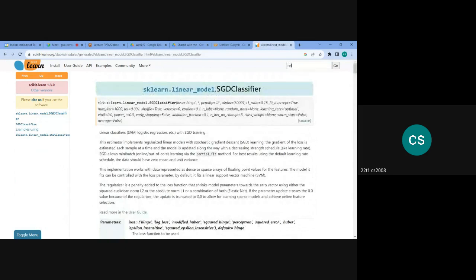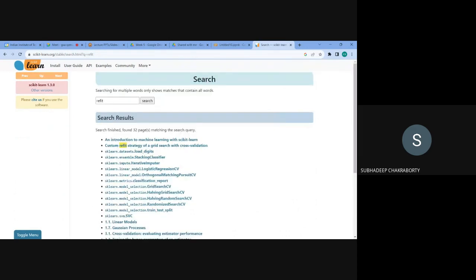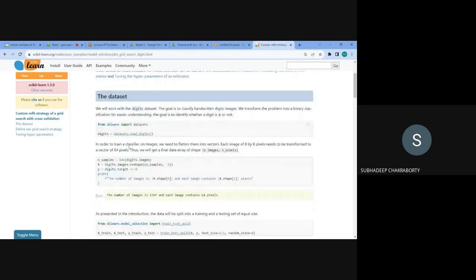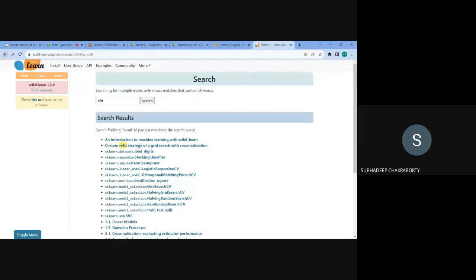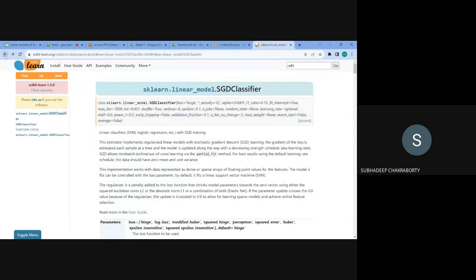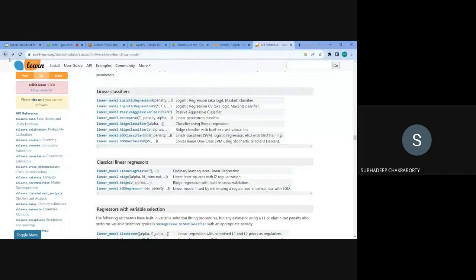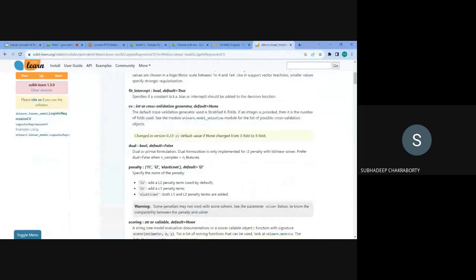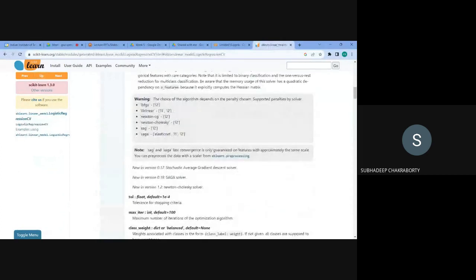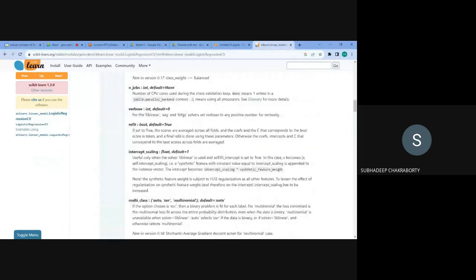Sir, I believe the refit is related to cross validation. After cross validation, we have to test the validated parameters on the whole data. If you set refit to false, maybe it will not. If you set refit to true, then it will use the parameters from the cross validation output, test it on the whole data and give you an average score.